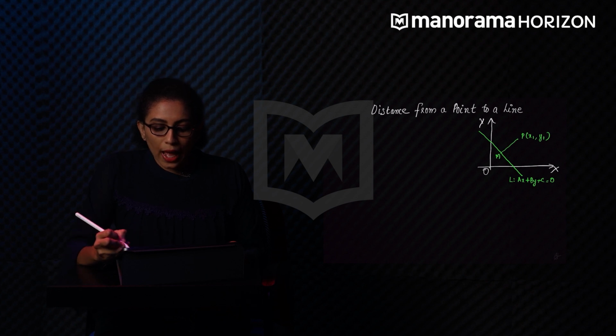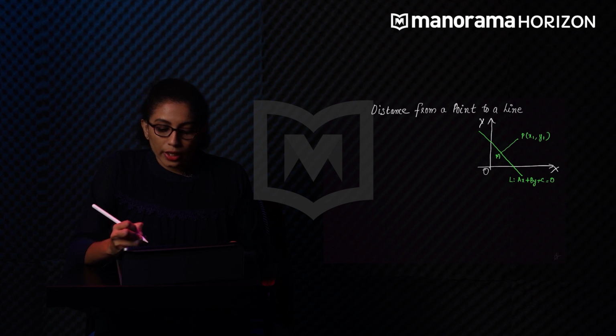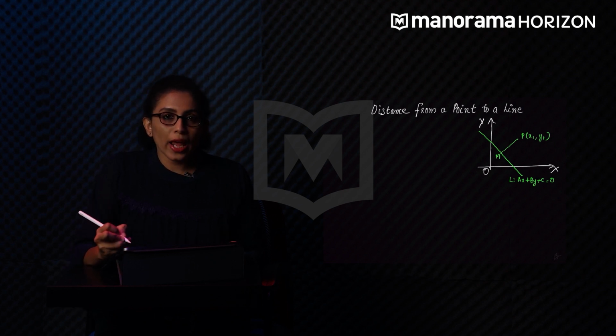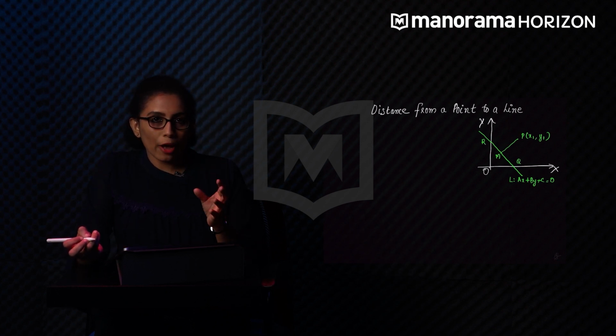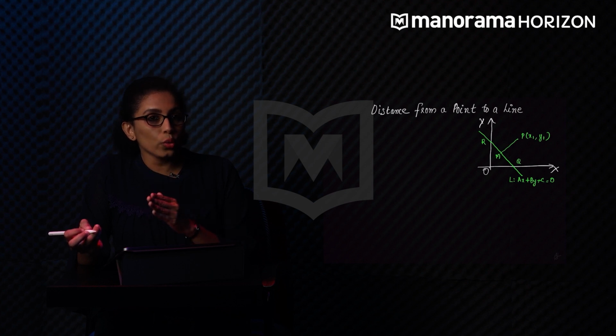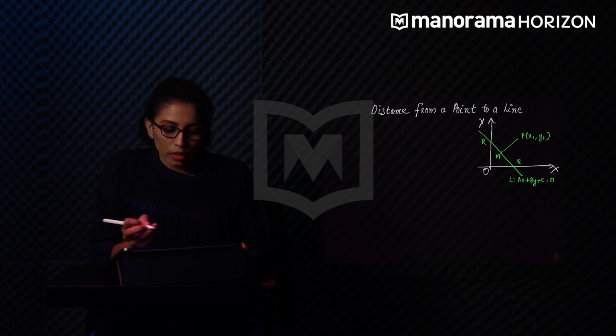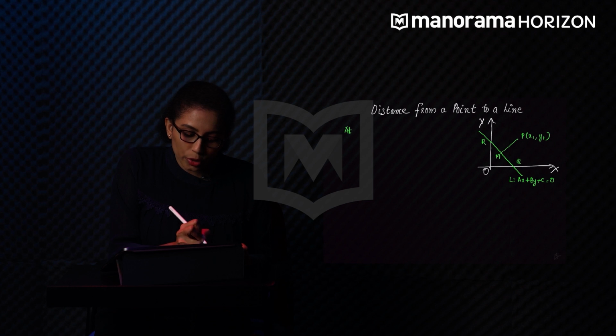Now, you can see that the line ax plus by plus c is equal to 0 meets the x-axis and y-axis at 2 points. It meets the x-axis at point Q and the y-axis at point R. Now, we have to find the coordinates of Q and R. What will be the case at point Q?